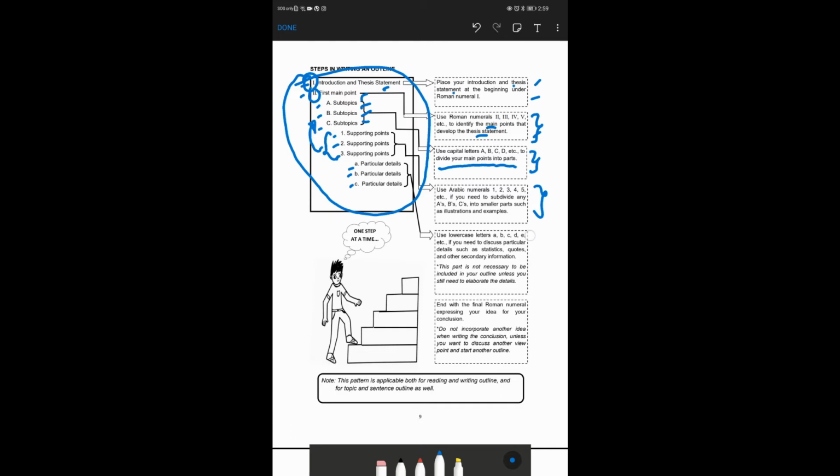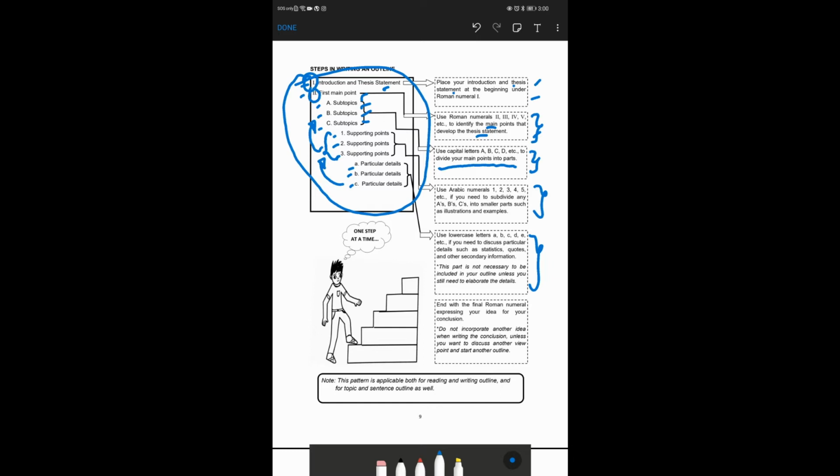And then of course, the lowercase letters, ito yung mga a, b, c, d na small lang. So yun naman yung mga mag-explain ng mga supporting points mo. Okay? So again, in making an outline, all you are doing is arranging your information from the broadest, mula sa pinakamalawak, to the most specific, the most particular detail.